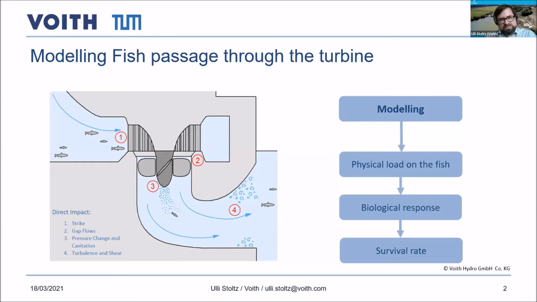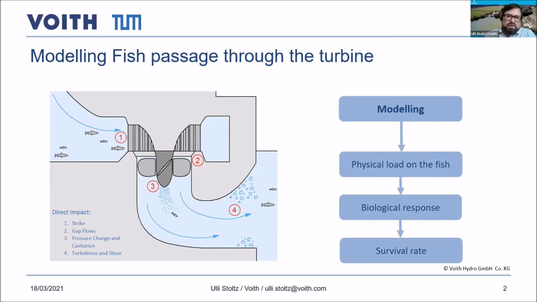And what we heard just before is there's the major pressure change from passing through the turbine, and there are very low pressures the fish experience close to the turbine, which can even be below the vapor pressure, and then cavitation initiates. Also, there are shear stresses when there are large gradients in velocity in corners, and of course there's a lot of turbulent flow, especially then in the draft tube.